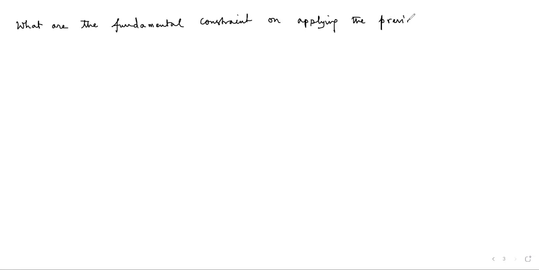My question is, what is the fundamental constraint on applying the previous rules? Can you tell me what is the fundamental constraint?